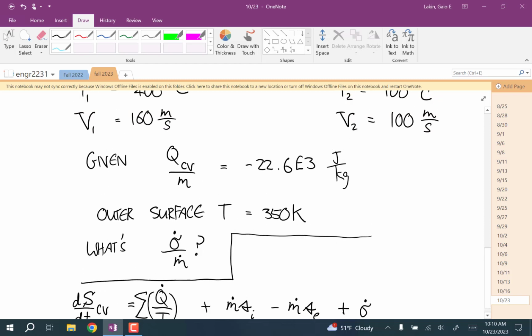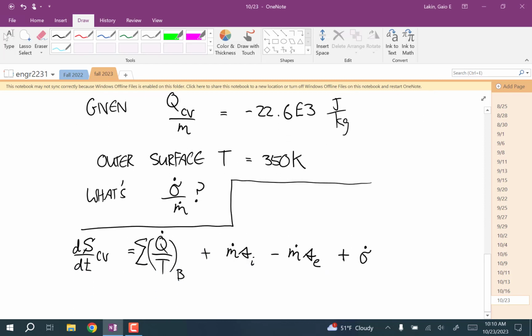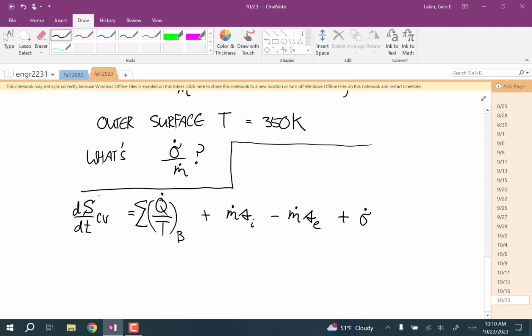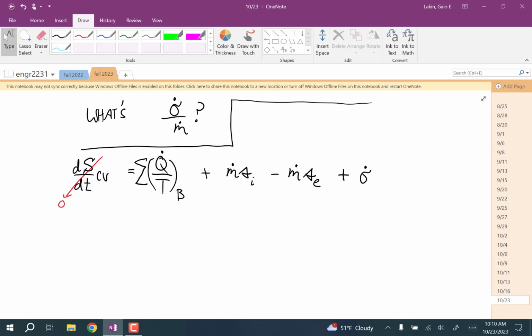All right. Well, we are given that it's steady state, so this is 0. So we have 0 is equal to, now what's the heat transfer at the boundary?